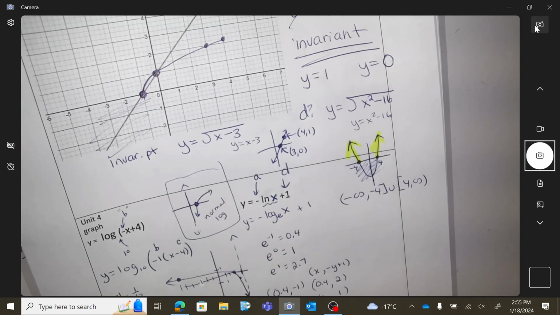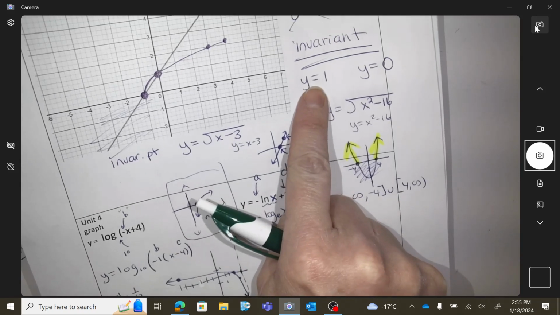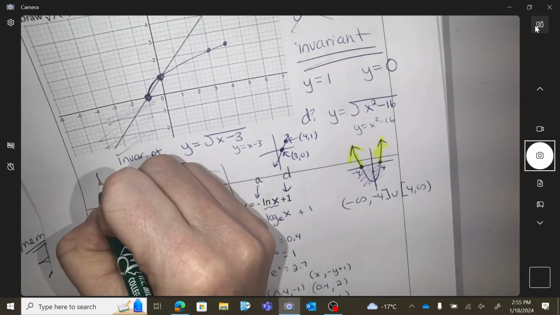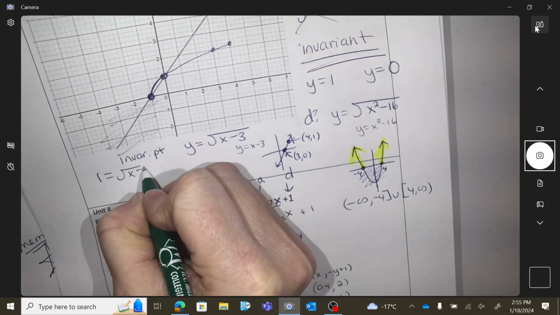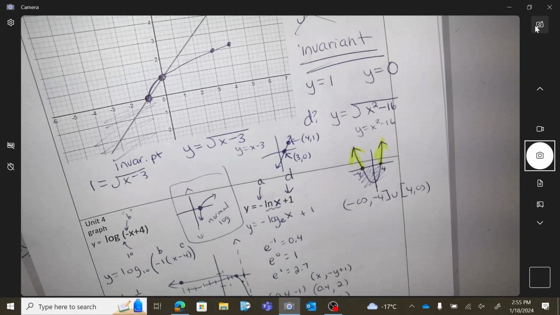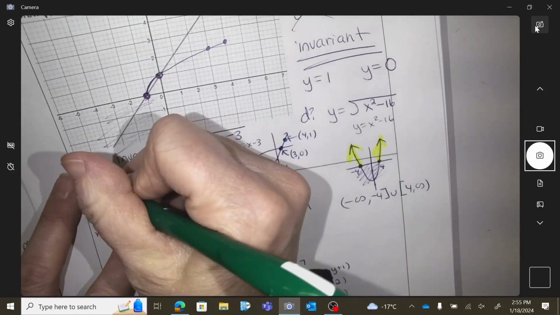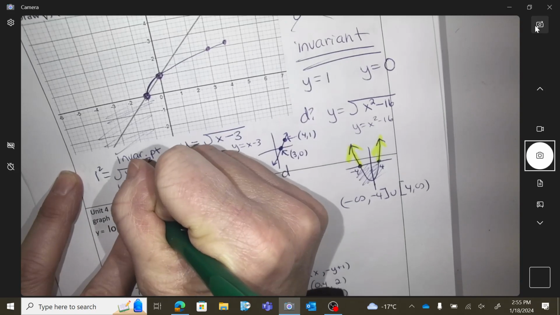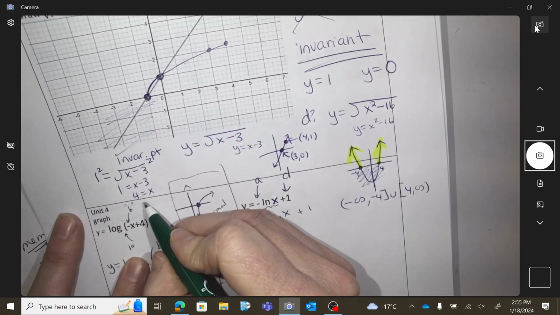If you were an algebra person, what else could you do? You could just plug, let's say, 1 in there and solve. You could be like this, 1 equals that. And then how do you solve? Square it, add 3.